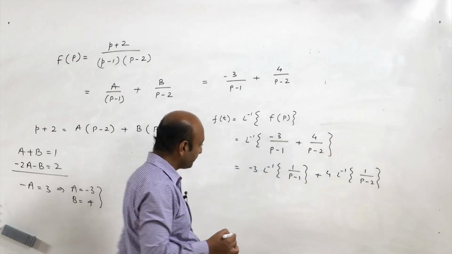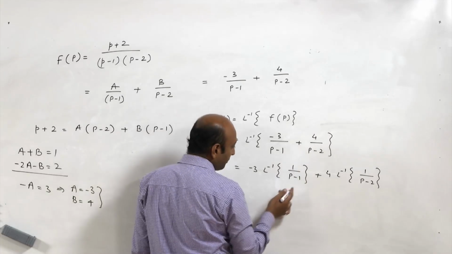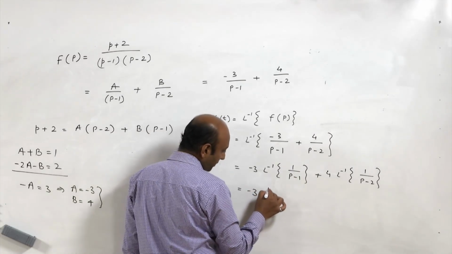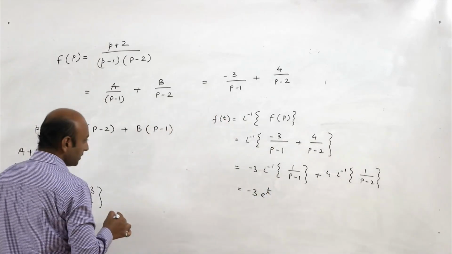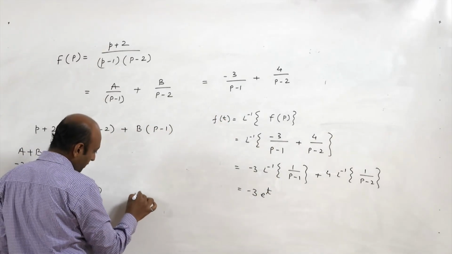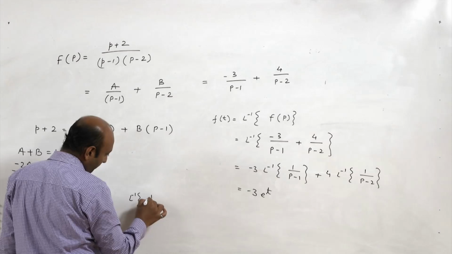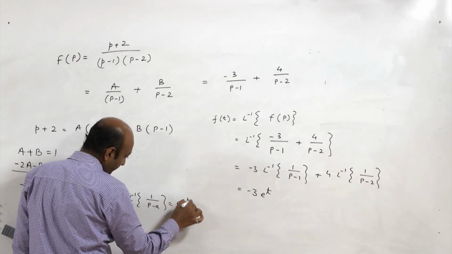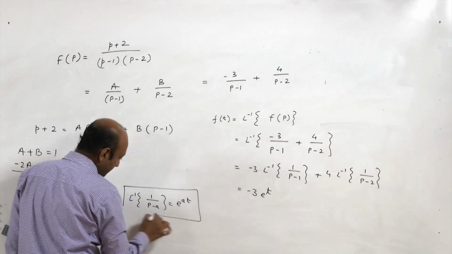So what is Laplace inverse of 1 upon (p minus 1)? It is nothing but e to the power t, because we know that Laplace inverse of 1 upon (p minus a) is nothing but e to the power at. This we have already discussed.